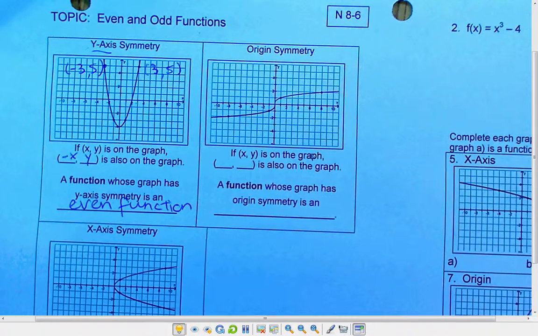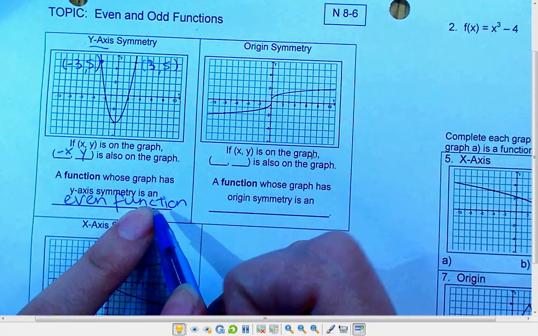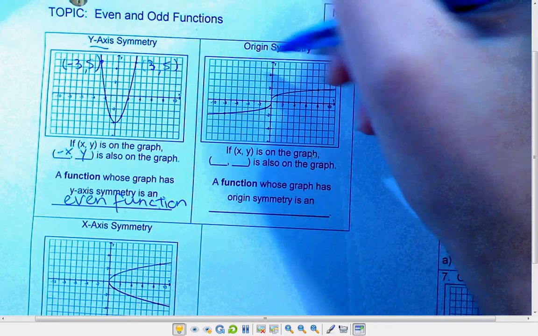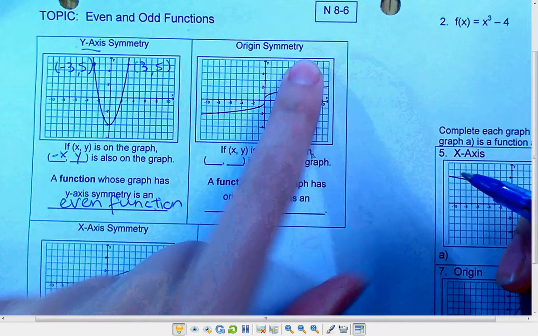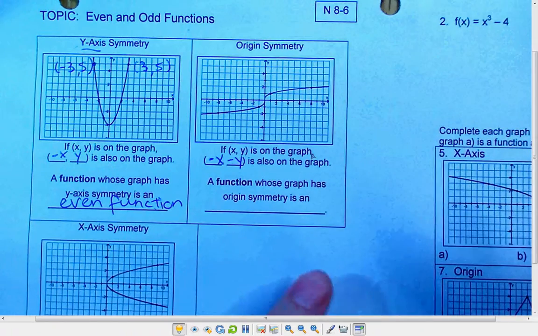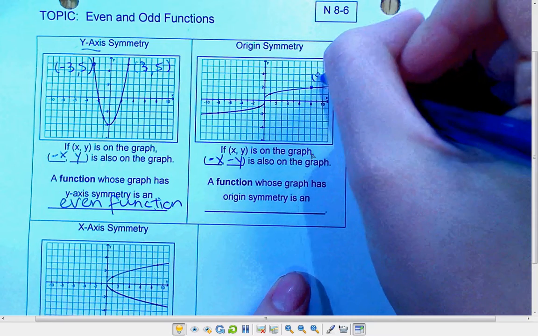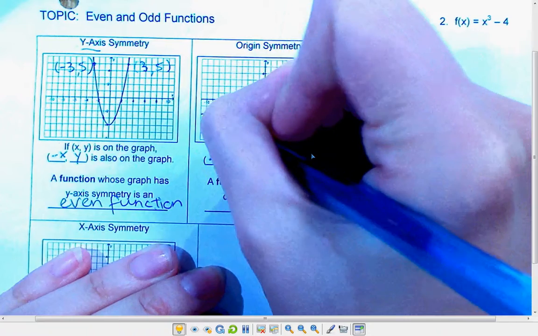So this is not talking about even and odd like the numbers. This is talking about functions. Now if you have a function that has symmetry about the origin, we know that reflecting across the origin changes both your x and your y. If we pick this point right here, (a, 2), and reflect it across the origin, it becomes (negative a, negative 2).